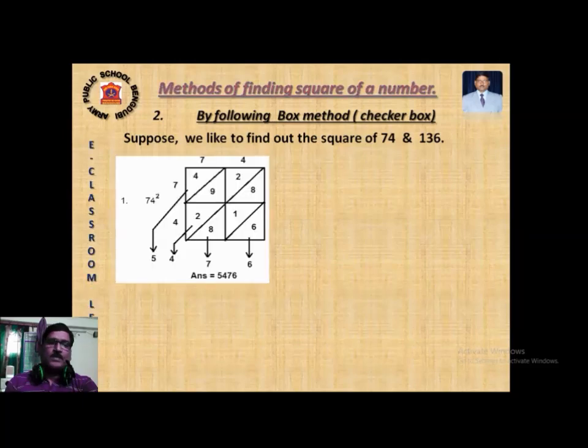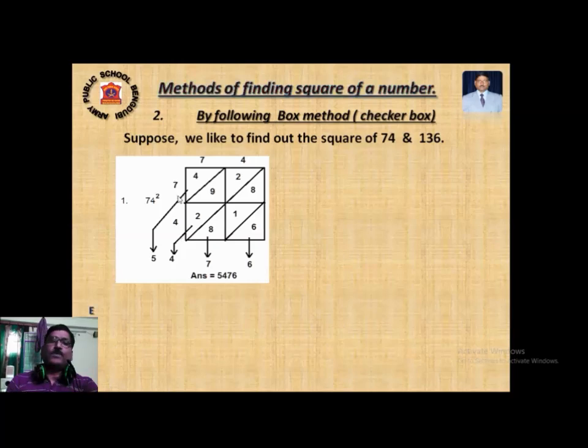First of all, we have to draw a square box like this. Now divide it into 4 equal parts, so 2 parts in each row. Now you have to draw the diagonal of each part. And you have to write 7 4 on the horizontal line and 7 4 on the vertical line.